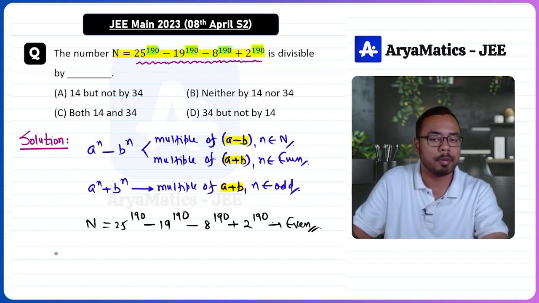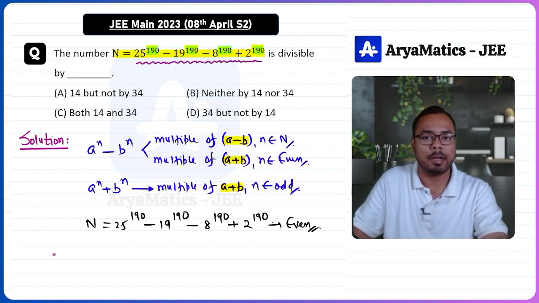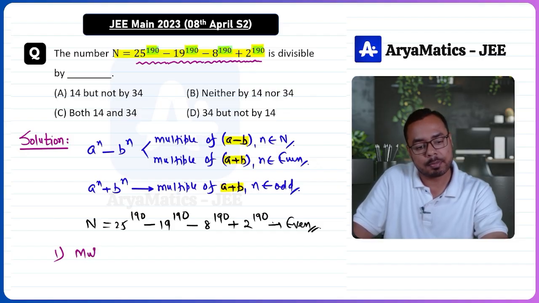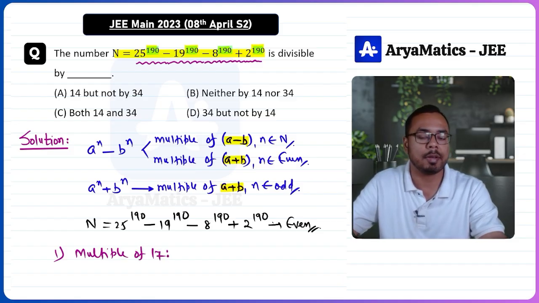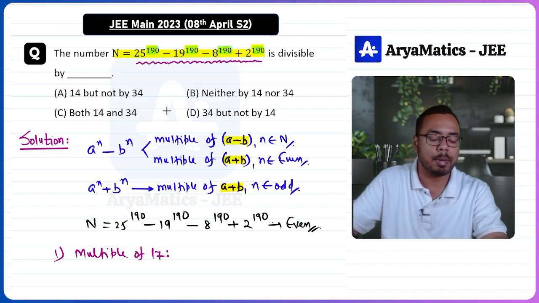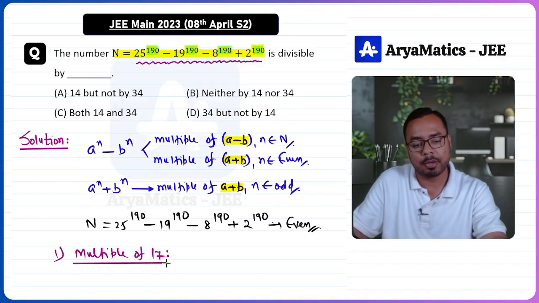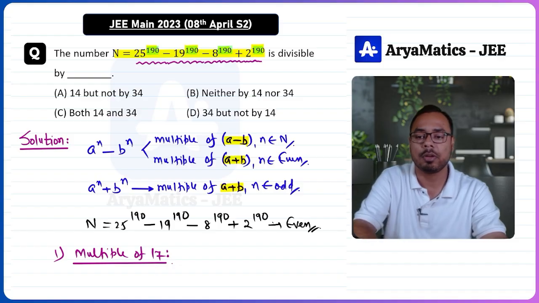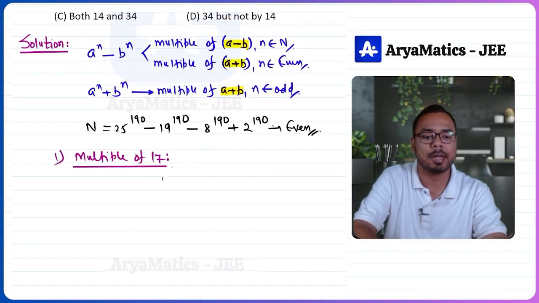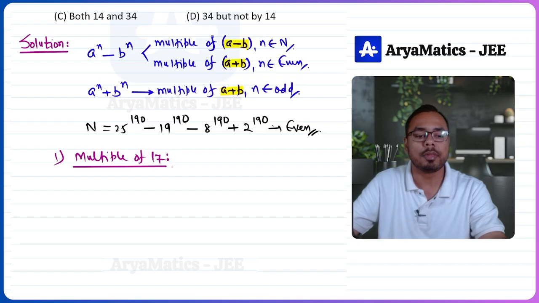We need to check for 7 and 17, right? So first we'll check whether this number is a multiple of 17, and then we'll check whether it is a multiple of 7, because it will be a multiple of 34 if it is a multiple of 17 as well as a multiple of 2. We have already established that the given number is even.